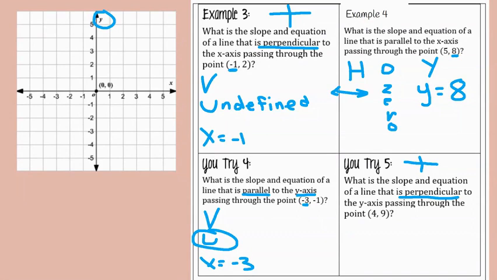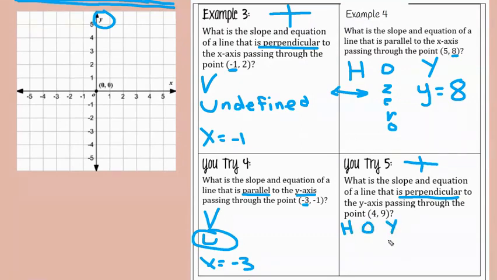It's going to be way up here, because 4 and 9 is going to be way up here. Way up there. But further up. So it's perpendicular to the y-axis. So this is going to be across, so it's going to be HOY.